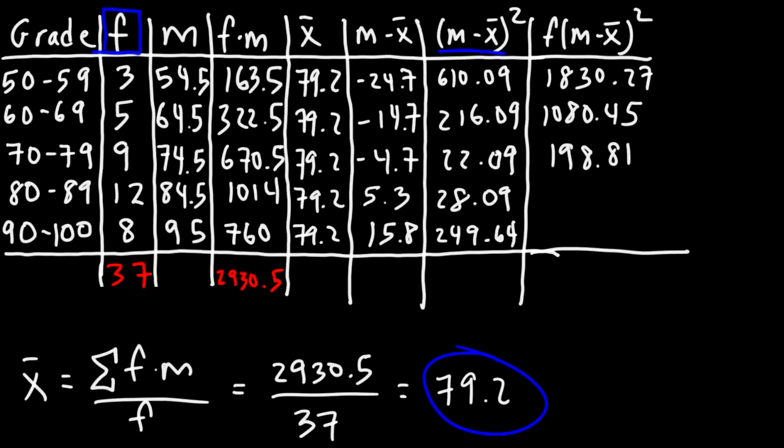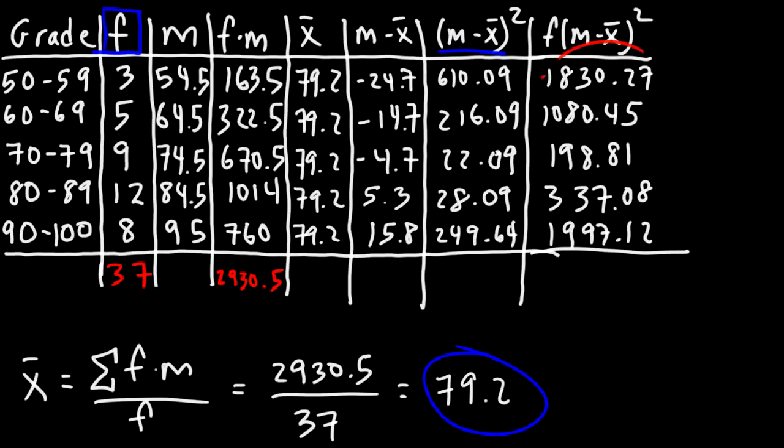For the next one, we have 12 times 28.09, and so that's going to be 337.08. And for the last one, it's 8 times 249.64, and so that's 1997.12.